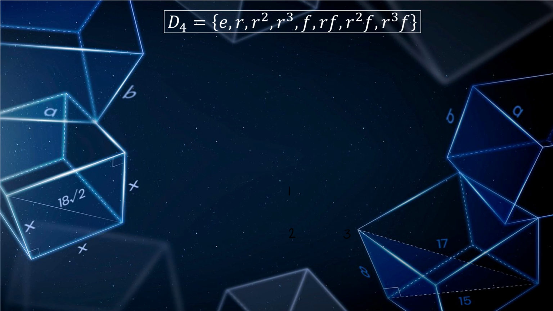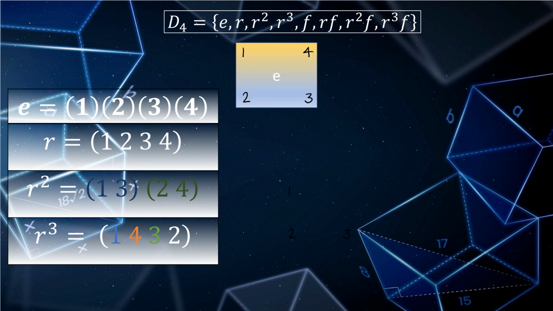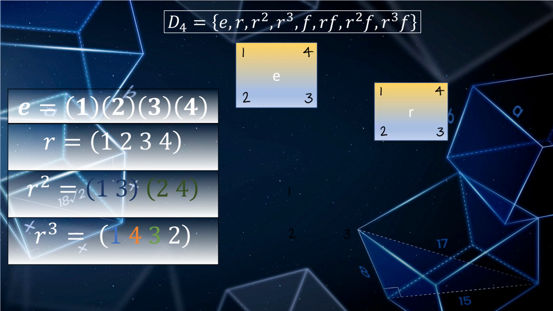Now let's find the permutation groups of rotations and reflections. So first, let's find the rotations. E is equal to the identity. Therefore, our group is 1, 2, 3, and 4. Next is the 90 degree rotation, so we will rotate: 1 goes to 2, 2 goes to 3, 3 goes to 4, and 4 goes to 1.